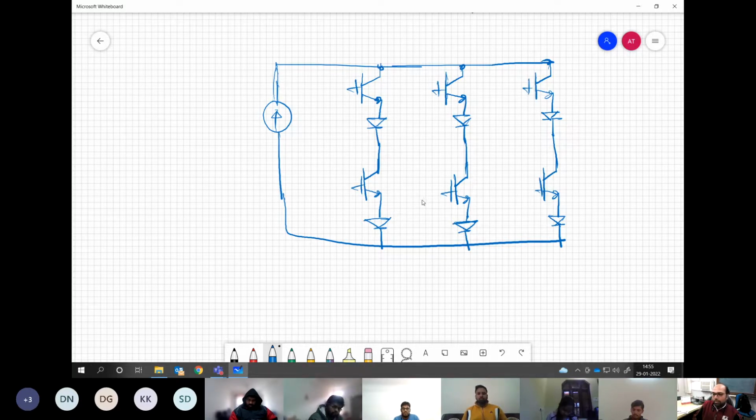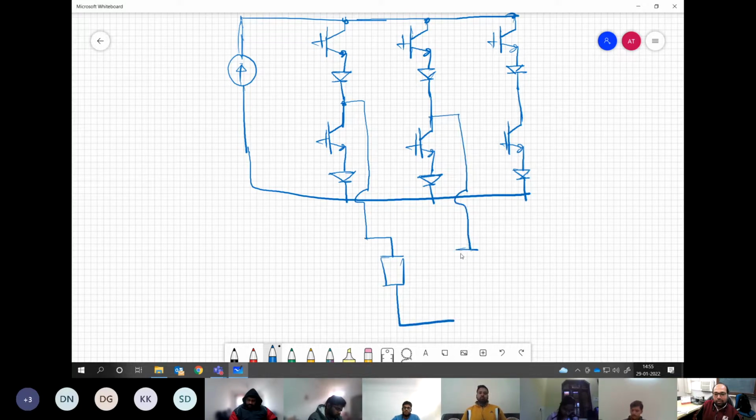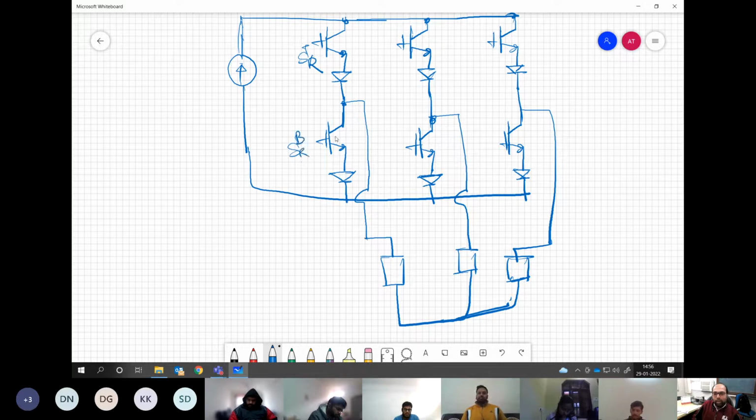Fine. Where is the load? So the load is connected from here. Like this. So you have either SR top or SR bottom. These switches are there. So you connect either of these. Then what will happen? It will flow into the R phase of the load.